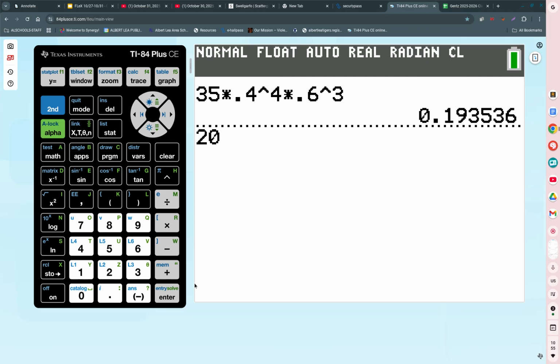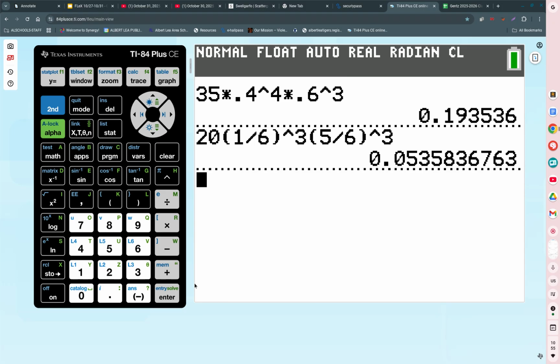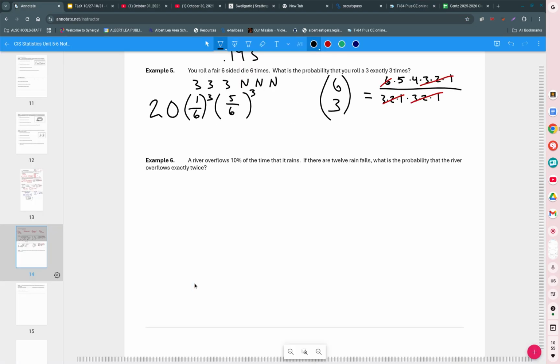You have 20 times parentheses 1 divided by 6 raised to the 3rd power, and then times 5 divided by 6, and we're going to raise that to the 3rd power. And I get 0.053. Everybody good with that? Is that what you got?